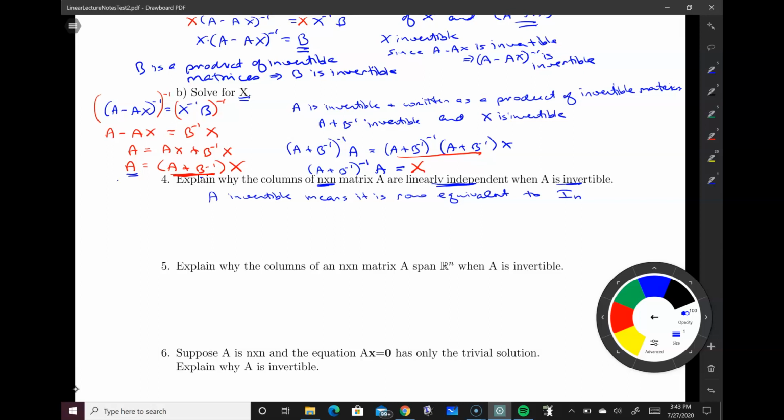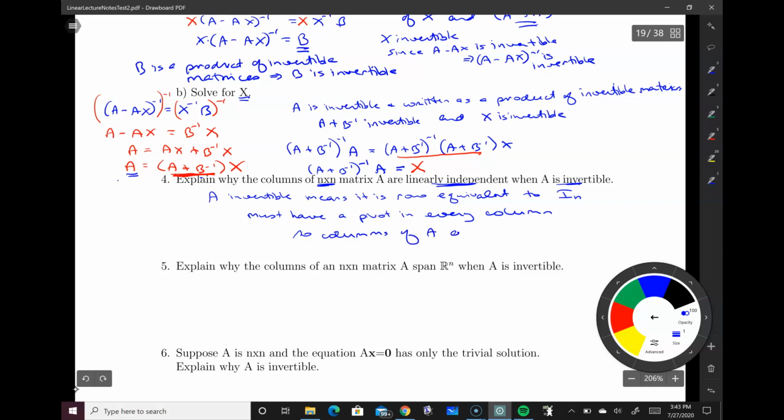So if it's row equivalent to I_n, then it must have a pivot in every column. So columns of A are linearly independent. All right, let's stop there.